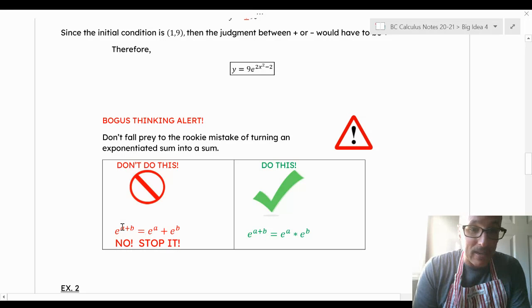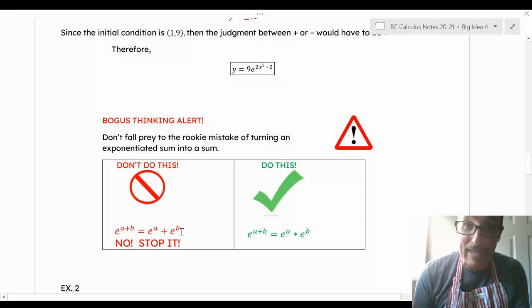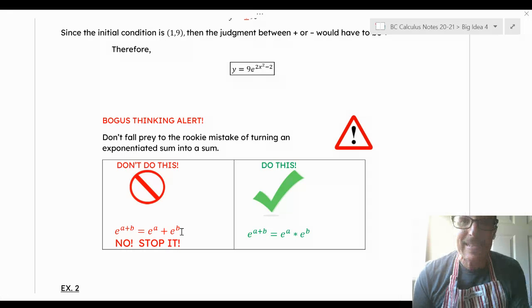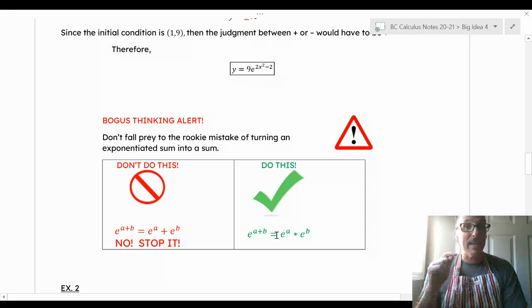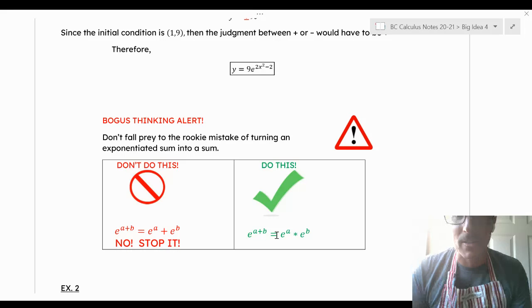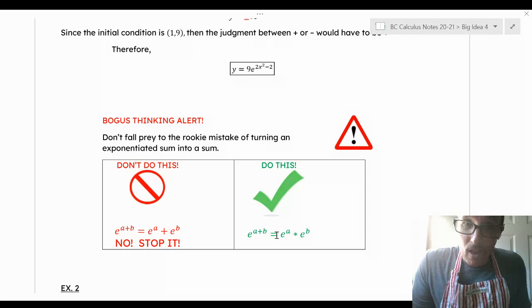If you think that e to the a plus b is e to the a plus e to the b, stop it. Don't do that. That's incorrect. Instead, remember that e to the a plus b is e to the a times e to the b. You're going to get a lot of these differential equations, solving them with some natural logs. And to get rid of natural logs, you need to exponentiate.